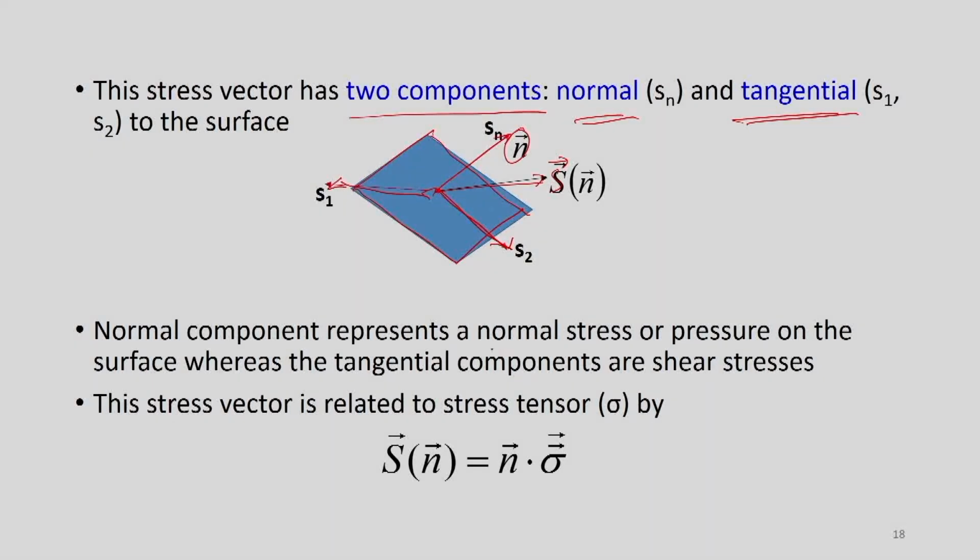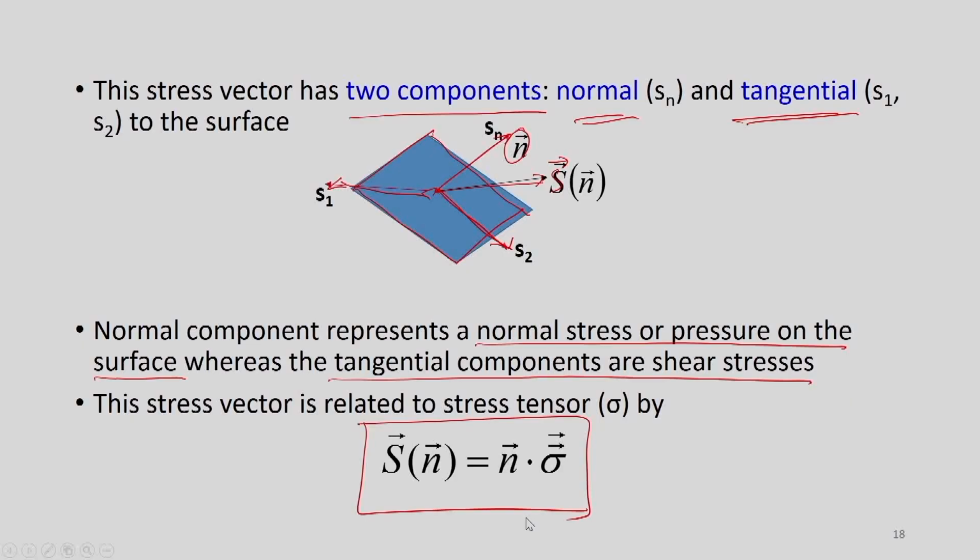The normal component represents a normal stress or pressure on the surface, whereas the tangential components are shear stresses. The stress vector can be related to the stress tensor like this: S of n is equal to n dot sigma, where sigma is the stress tensor.